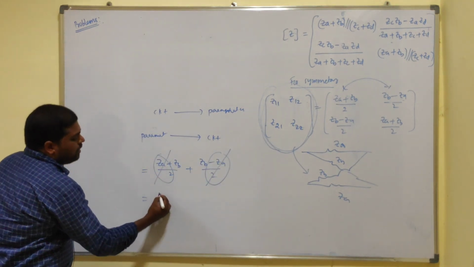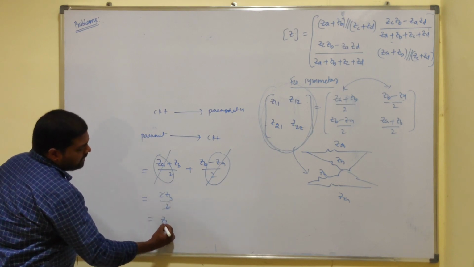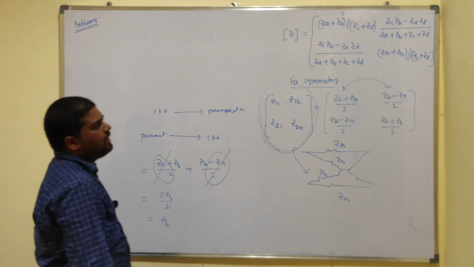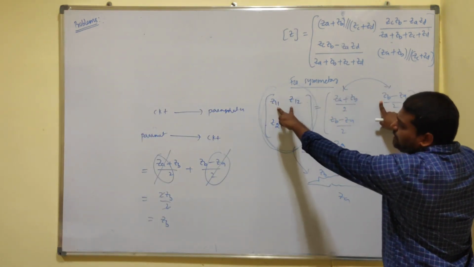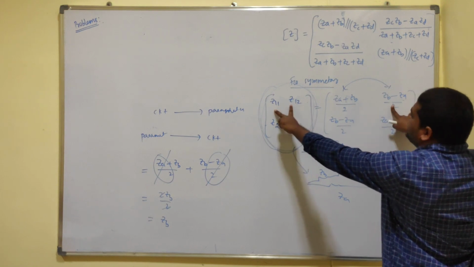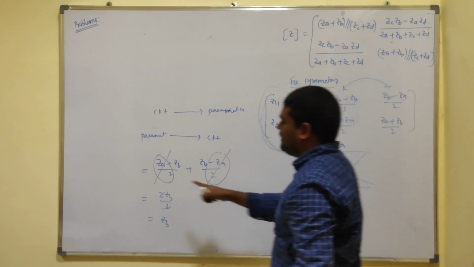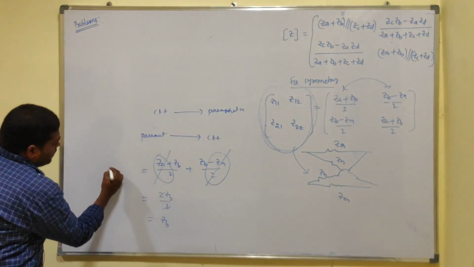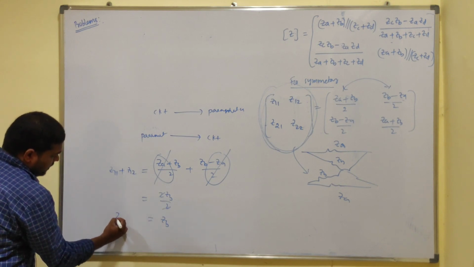Then what you will get is 2Zb by 2, which is Zb, right? So the addition of these two elements is nothing but the addition of two parameters. This is the Z11 element, this is the Z12 element. The addition of these two parameters is Z11 plus Z12.